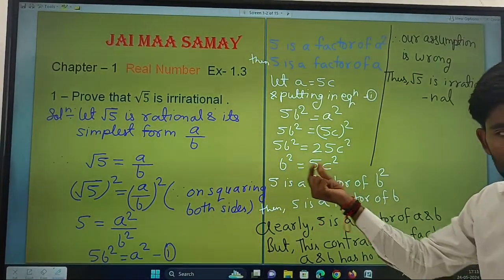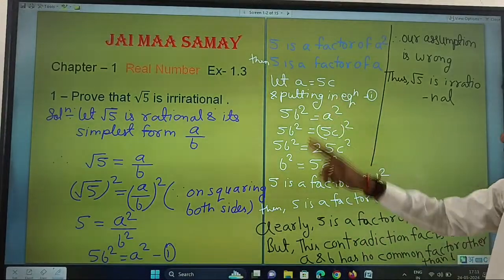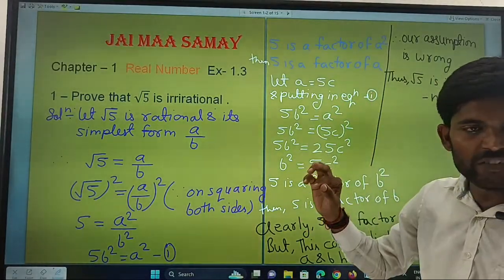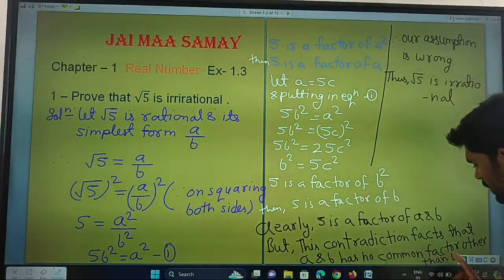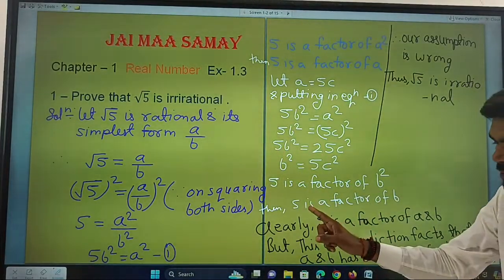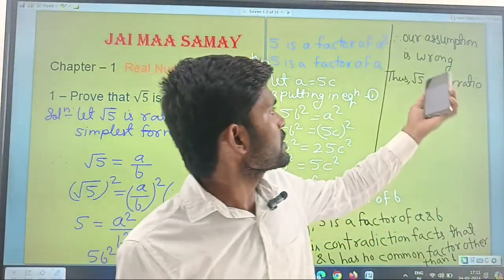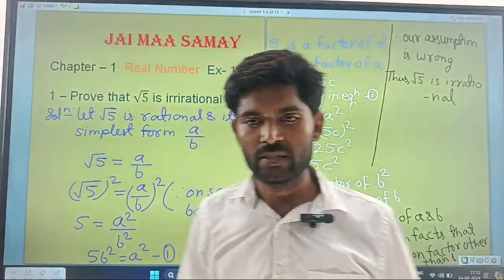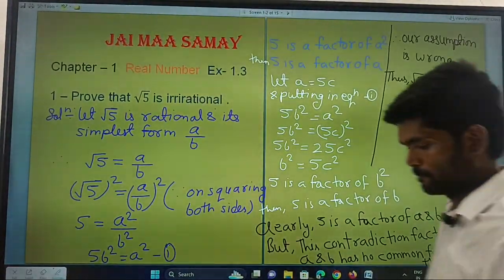Then again c left, take 5 and b. So 5 is a factor of a and b also. According to rational numbers, the only common factor is 1, but here there is another common factor. That's why our assumption is wrong, and under root 5 is irrational. Clear here? Take a pause and note down.